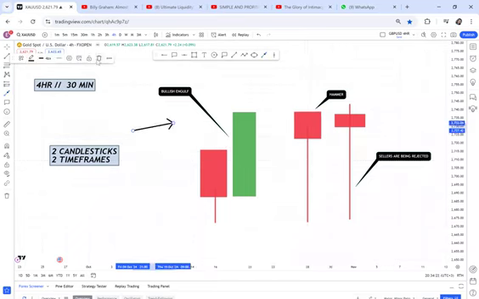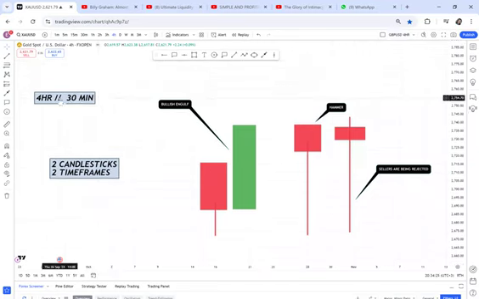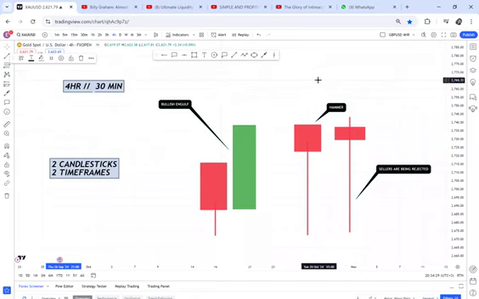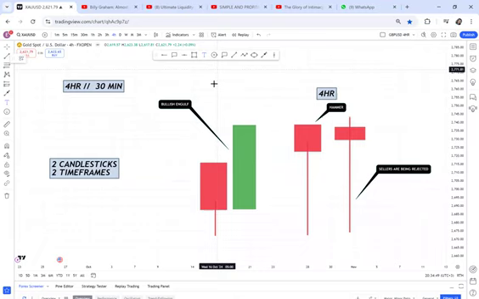What I want you to note is that on the higher time frame, we will be looking for a hammer. We just need to know that sellers are being rejected. That is 4 hour. If sellers are being rejected on 4 hour, we scale down to 30 minutes to look for a bullish engulf.